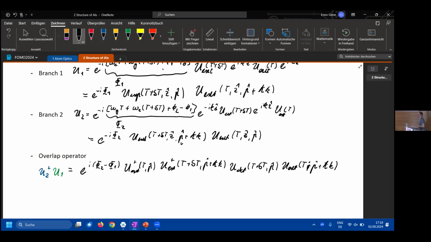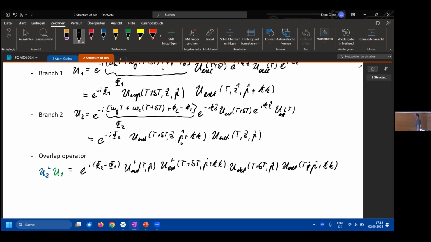And now this is the sequence that we have to calculate. If you want, you can think about it: time evolution with increased momentum, time evolution without increased momentum, backward time evolution with increased momentum, backward time evolution without increased momentum. That's it. And that's what we're going to do tomorrow morning. Yeah, I guess morning.